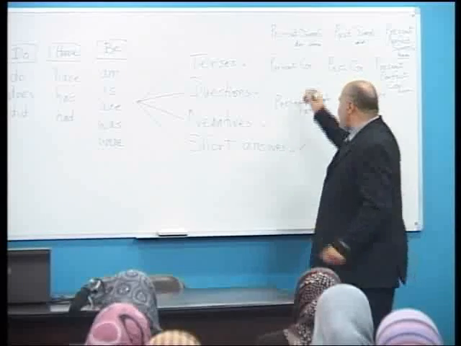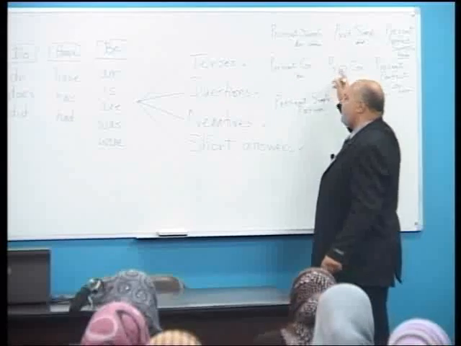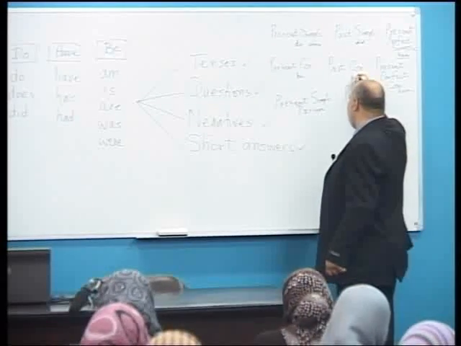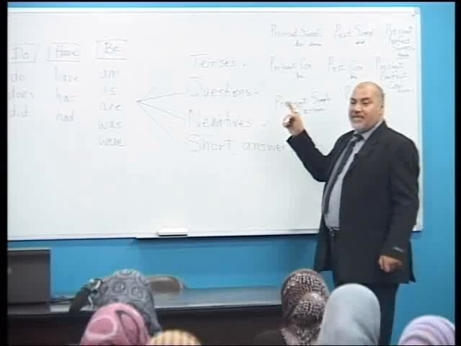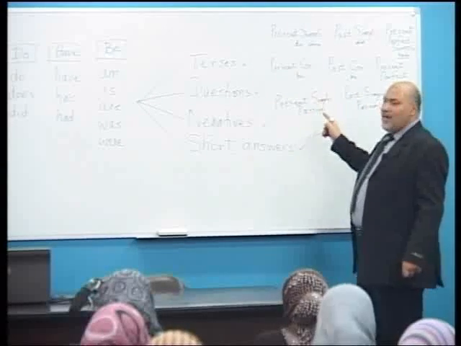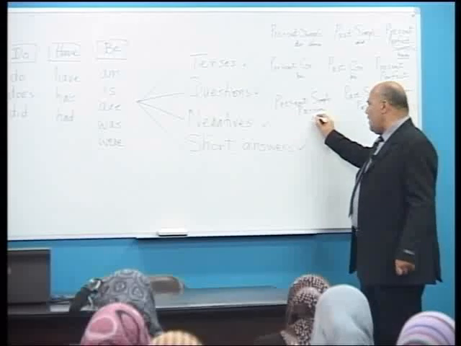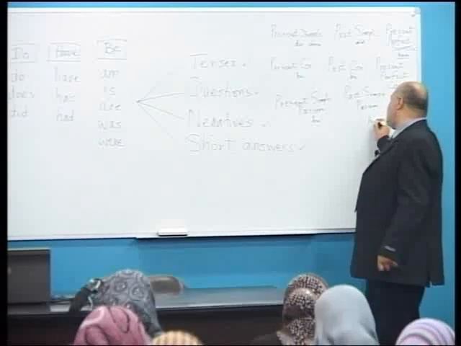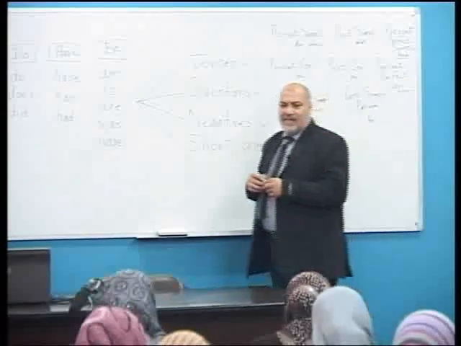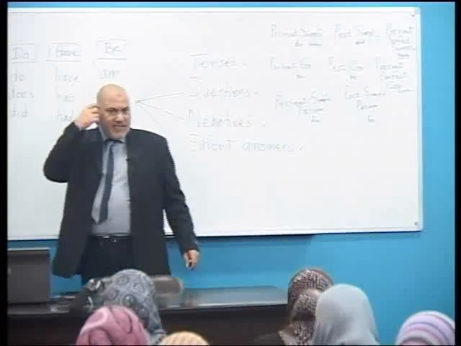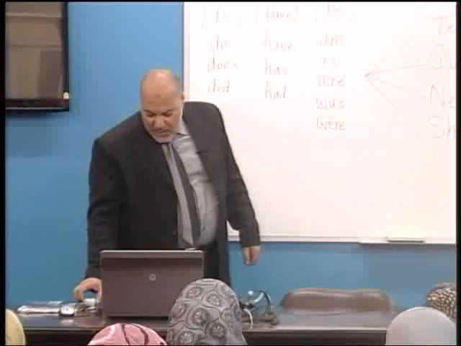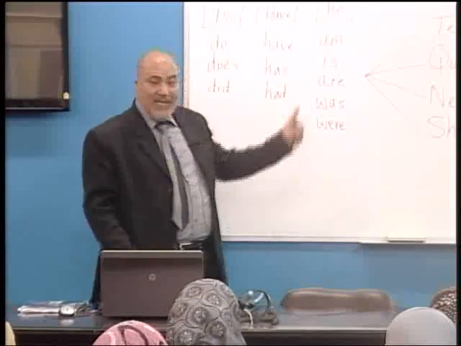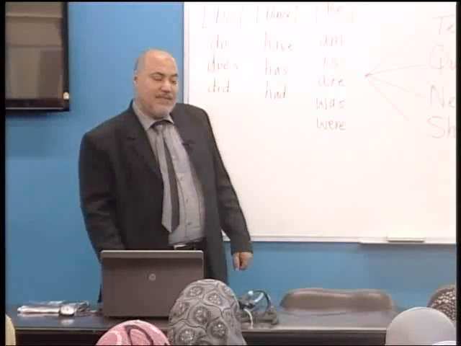The present continuous and the past continuous use be, and the present simple passive we use be, and here we use be. So this is the first exercise. Is it clear? Yes.